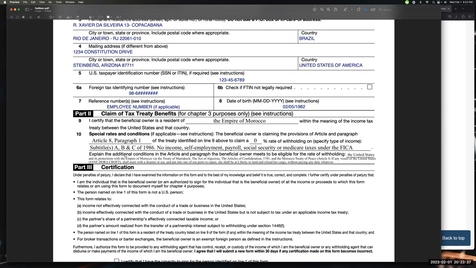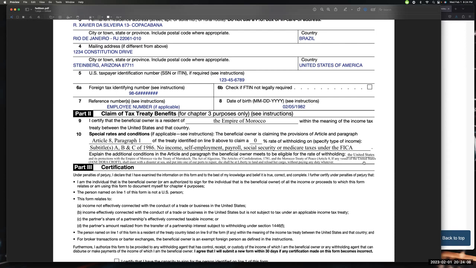Now we're going to explain the additional conditions in the article and paragraph the beneficial owner meets to be eligible for the rate of withholding. And you will manually type this: the United States and its protections with the Empire of Morocco via the Treaty of Marrakesh, the Act of Algeciras, the Articles of Confederation 1781, and the Morocco Treaty of Peace, Article 8.